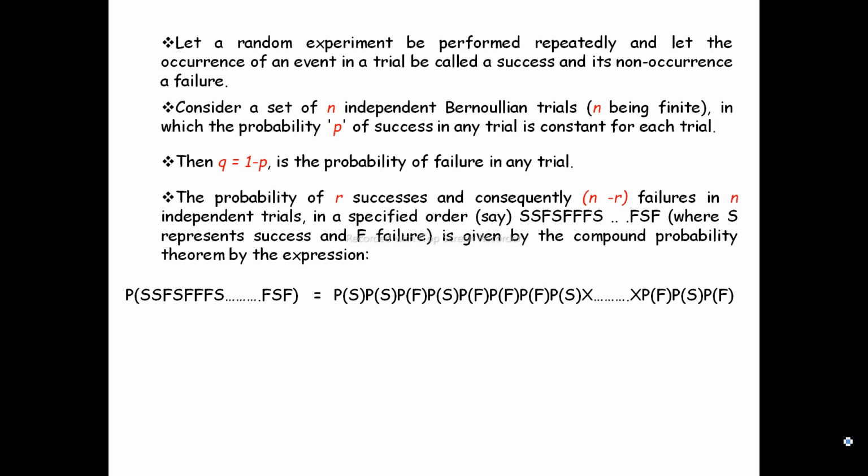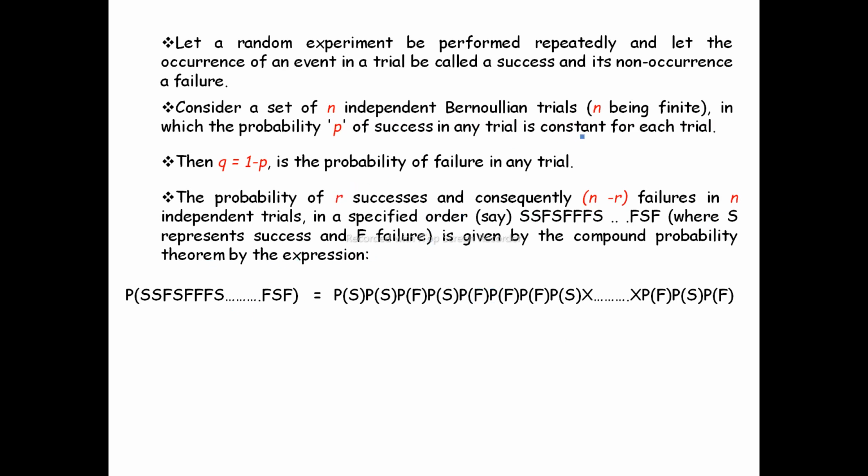Here one order of trial has been given, like success, failure, success, and so on. It is given by probability of success multiplied by probability of success multiplied by probability of failure, then probability of success multiplied by probability of failure, and so on.